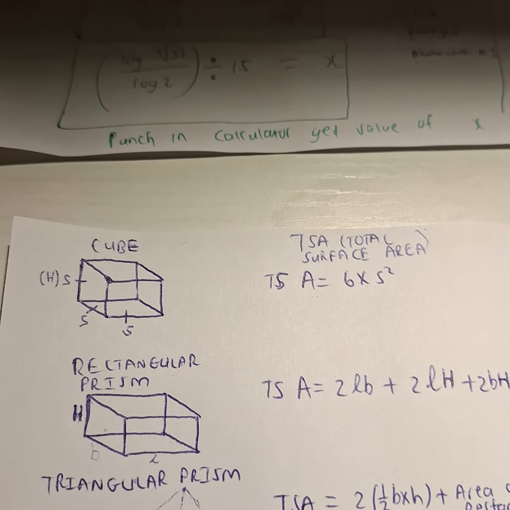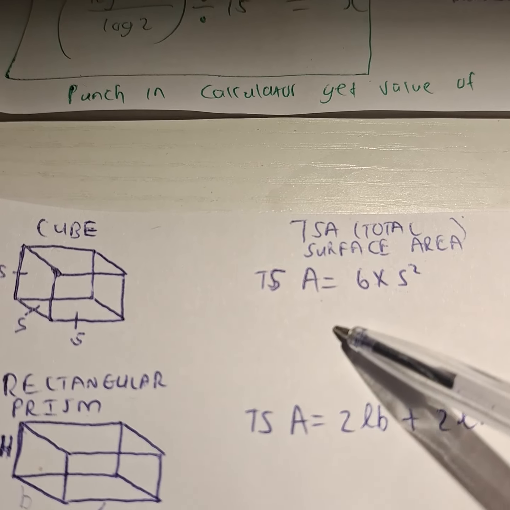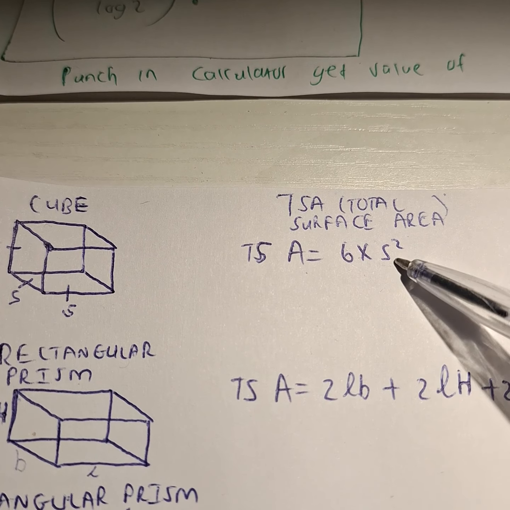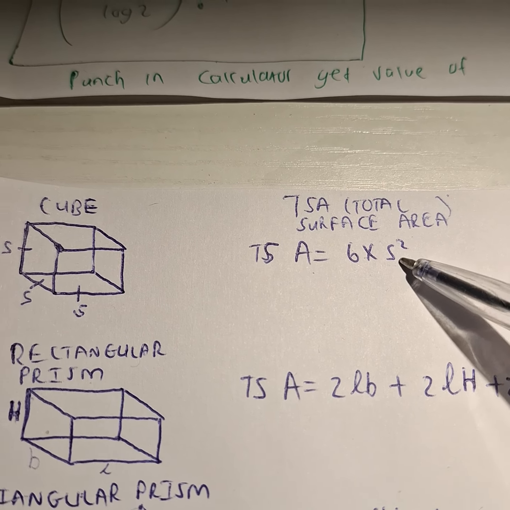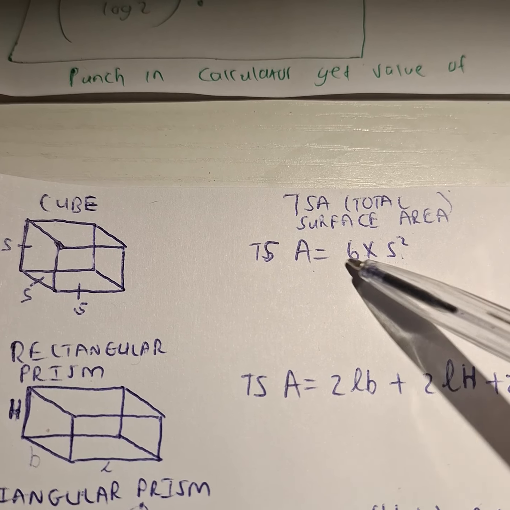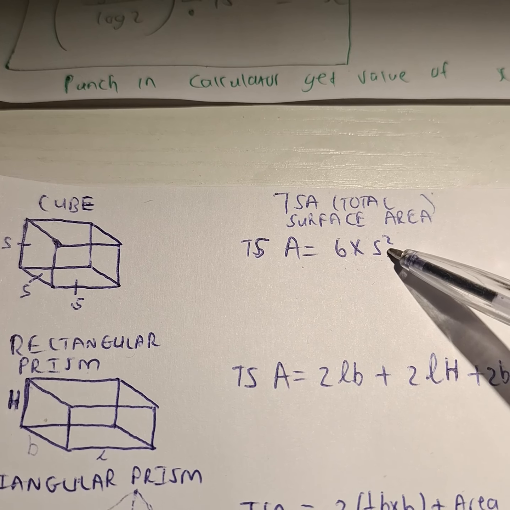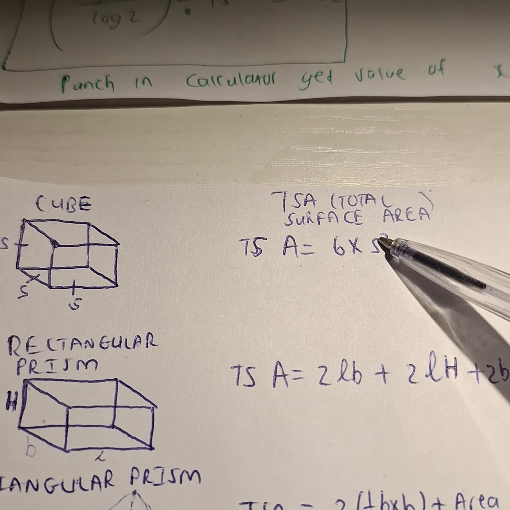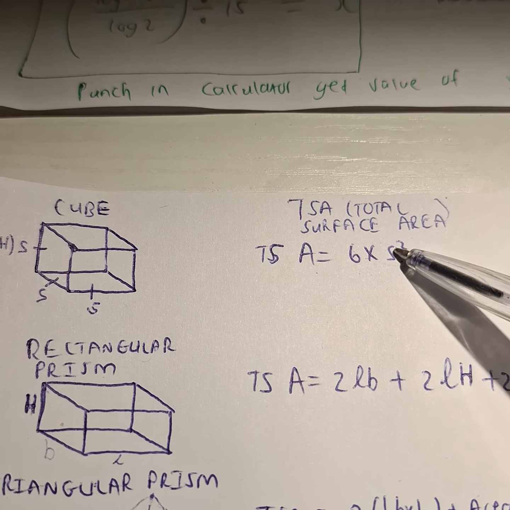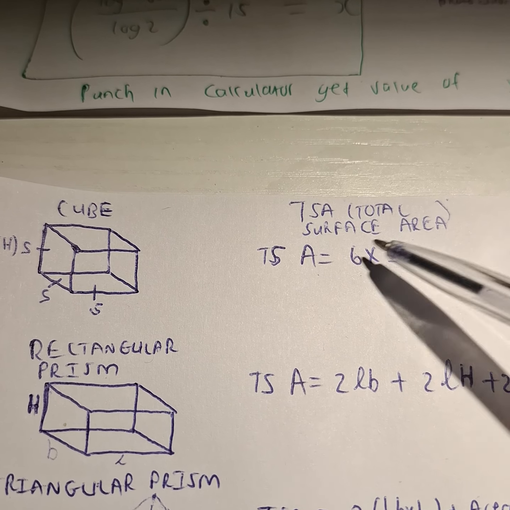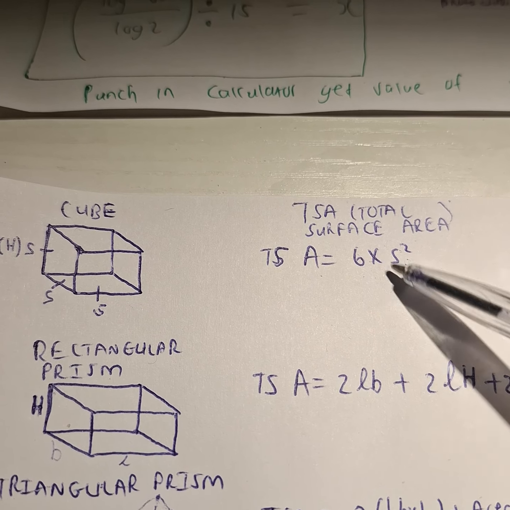So the total surface area of a cube is 6 times the area of one square face, so 6 times s squared. You calculate the area of all 6 faces.